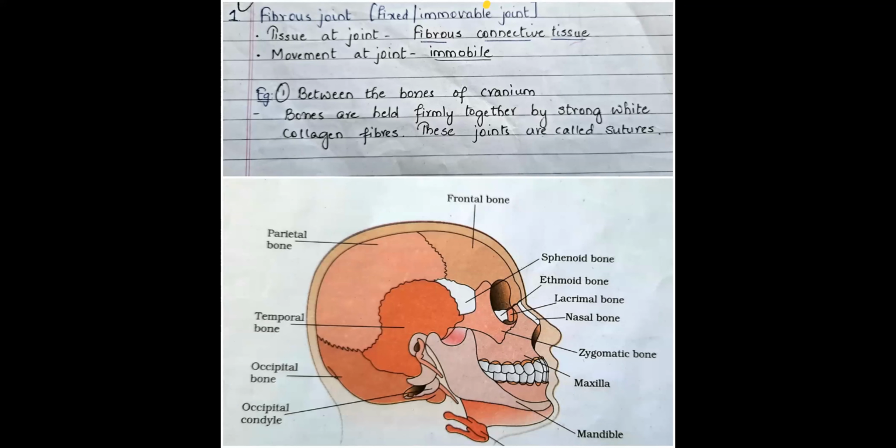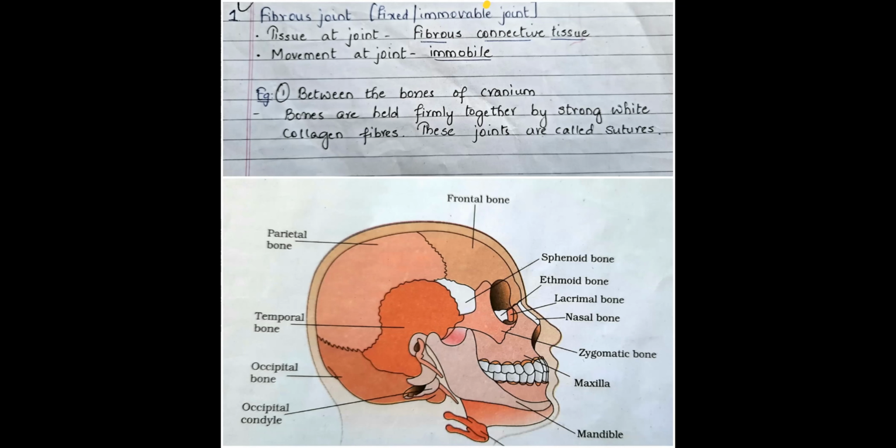These joints allow no movement, or they do not allow any movement, whichever way you consider. When they are holding the bones, the bones are not able to move at the joint position. So completely kind of immobile joints.